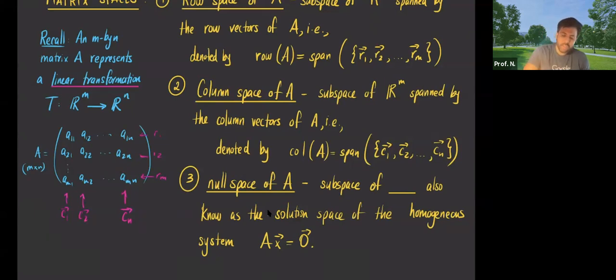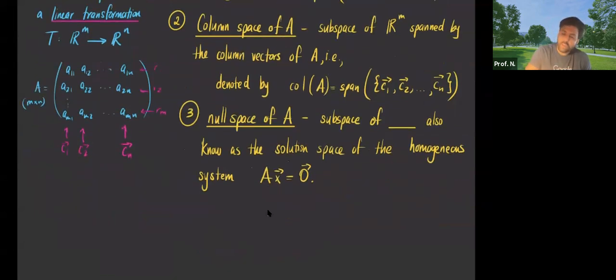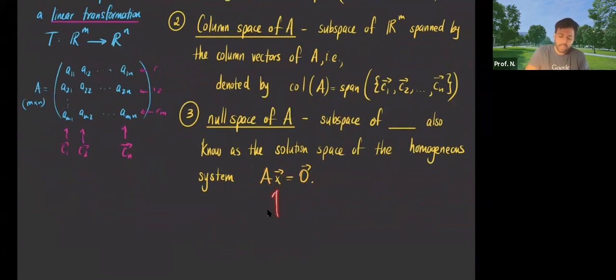So the homogeneous system, remember this? It's the system where you set the product of the matrix with a vector equal to 0. So the solution space, or the null space, are all the vectors x that when you plug them into this equation give you 0 when multiplied by A. That's the null space. It's all the x values.